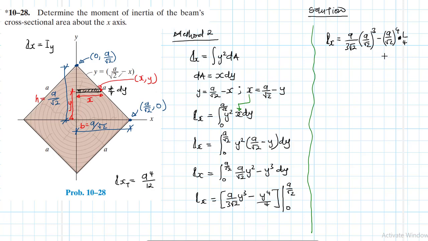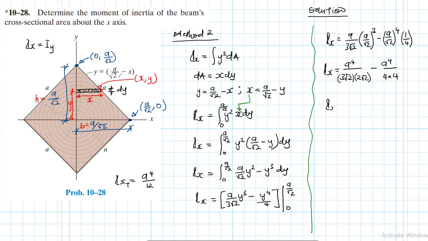Then moment of inertia about the x-axis, if we are to evaluate this, therefore becomes equal to a to the power 4 on the top, and at the bottom we are going to have 3 root of 2 times 2 root of 2, then minus a to the power 4 divided by 4 times 4, right? Great.